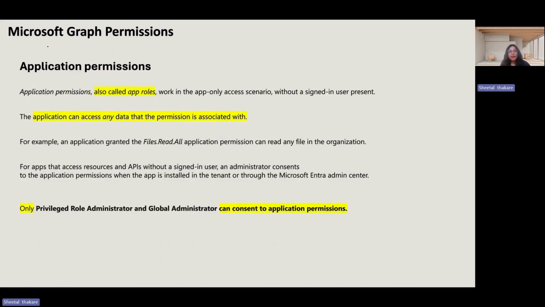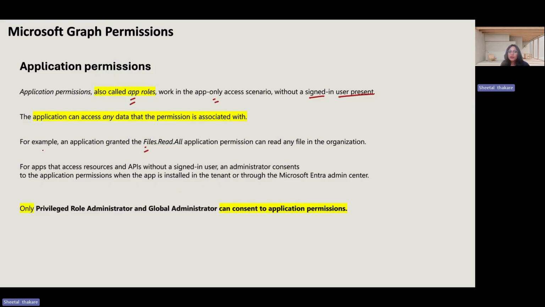Second category of Microsoft Graph permissions are application permissions. They are also called as app roles. They work in the app-only access scenario and without signed-in user present. The application can access any data that the permission is associated with.